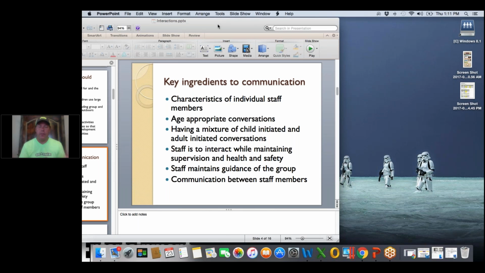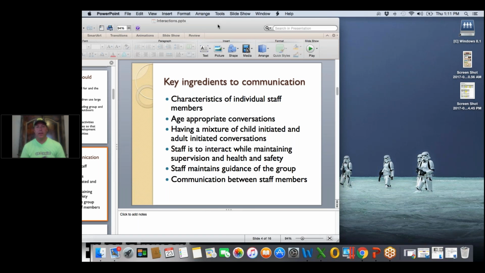I can tell you all that as a director, whenever I'm assigning children to a classroom, I look at the individual needs of the children and I match that up with the personality of the teachers. So when you have individuals that have different characteristics and different personalities, it really does create that very blended environment so that you can meet a lot of the children's needs. So that's a cool thing right there.